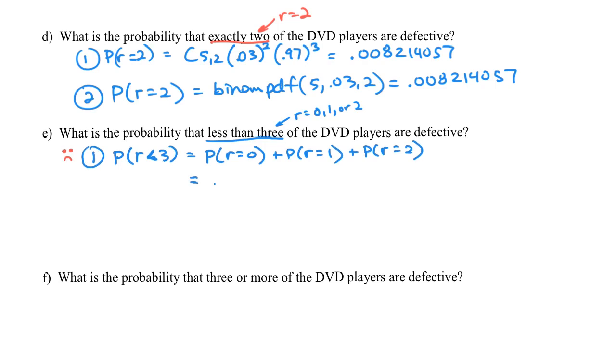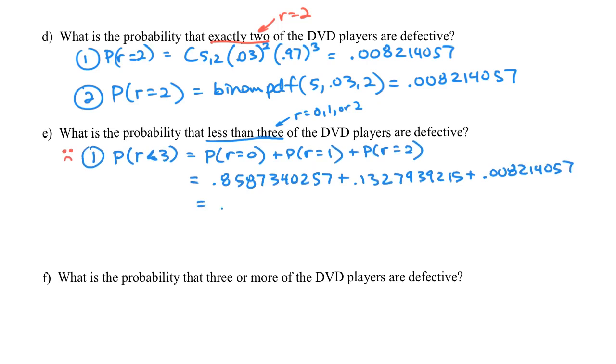So I could plug this in: 0.858734027 plus 0.13279399215 plus 0.008214057, and that's going to be equal to 0.999742042.